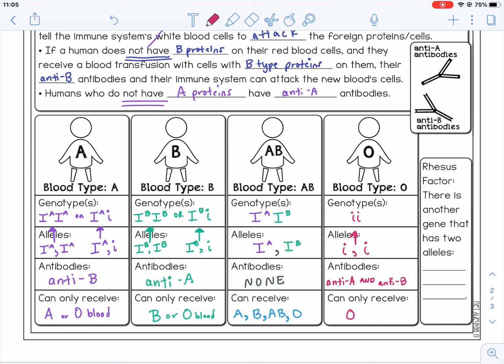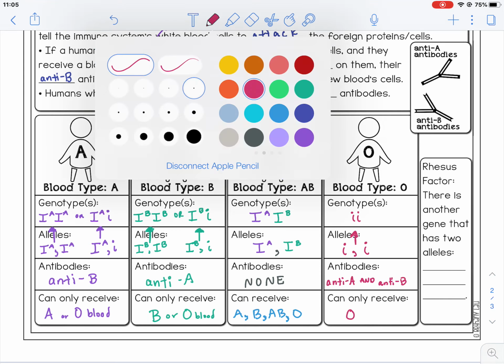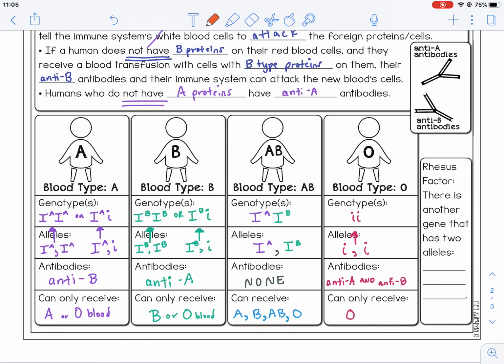Now, to make this even a little more complicated, and we're not going to go too far in depth here, but there's a little bit more to this. There's also something called the rhesus factor. Now, not like Reese's peanut butter, rhesus as in like the rhesus monkey. There's another factor, and that gene has two alleles. And that allele is either positive or negative.